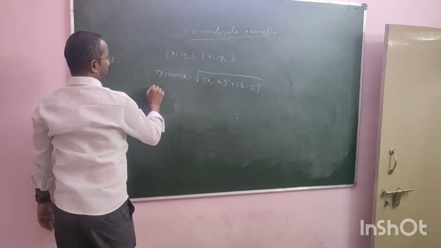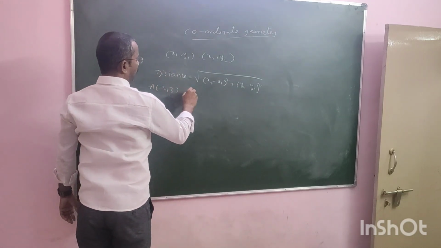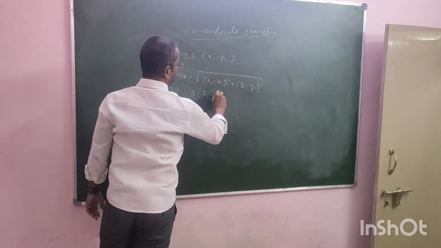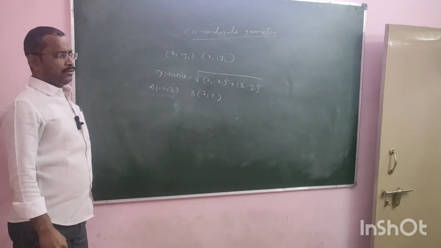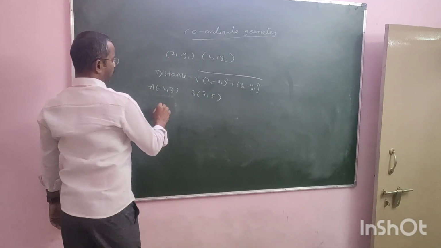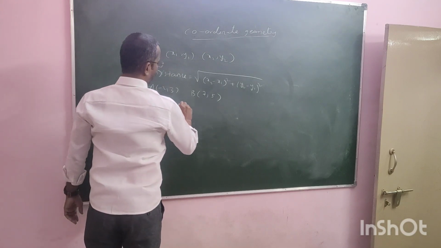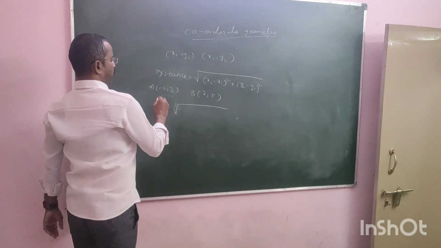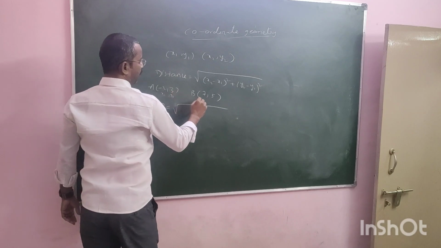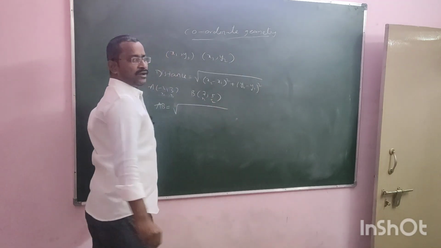Take an example, A (-2, 3) and B (7, 5). To find the distance, AB is equal to the square root of, and you can write it as x1 y1, x2 y2.